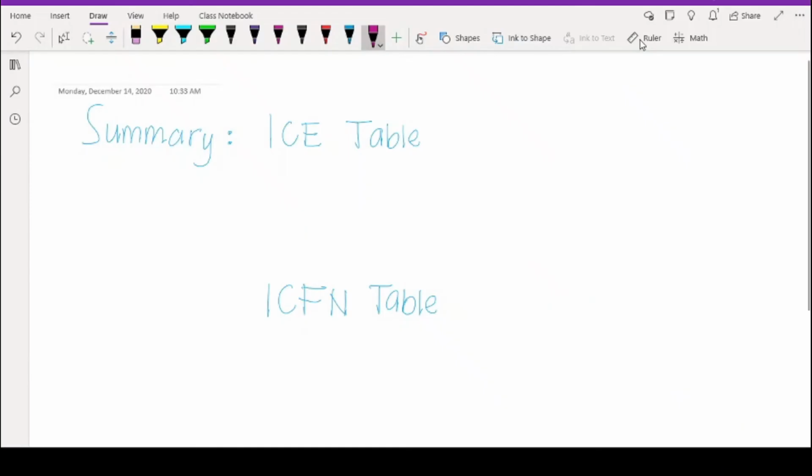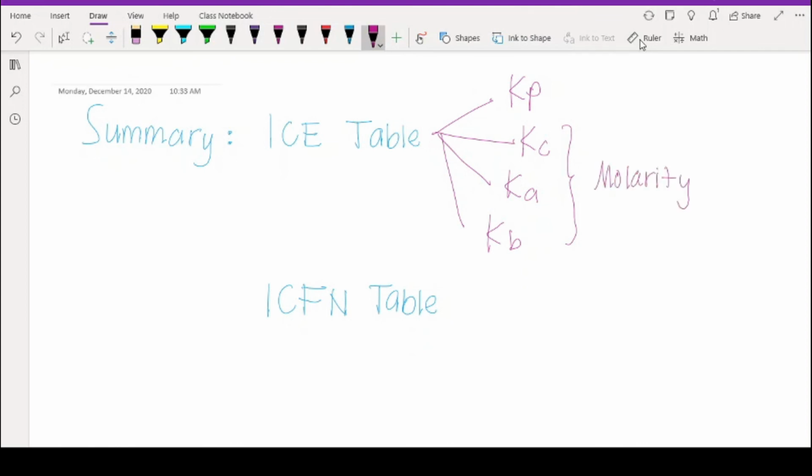To summarize, ICE table is for Kp and Kc and also Ka and Kb. Okay, so we know that from Kc, Ka and Kb it is in molarity. And the next table is your ICFN table, that is for buffer solution and your titration.